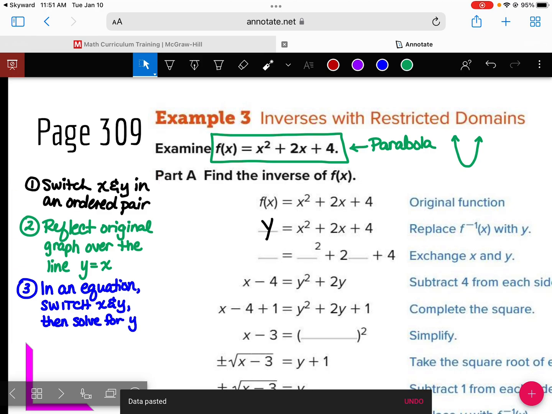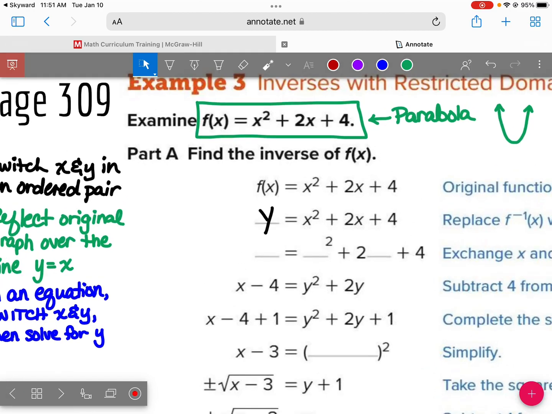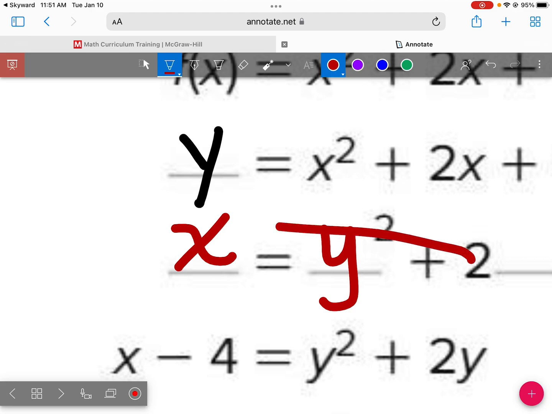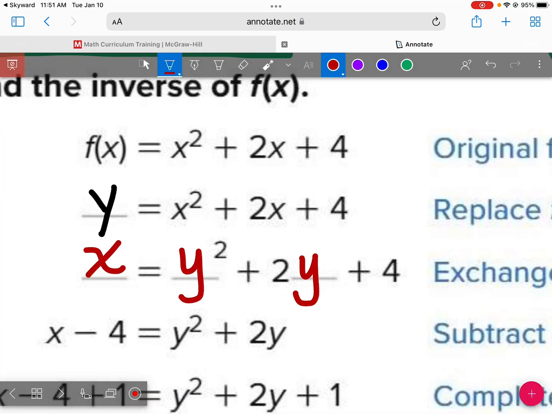What am I switching? The x and the y. So instead of y equals, it's going to be x equals. X equals what? Y squared. The squared stayed in the same spot, only the letter changed. Plus 2y plus 4.